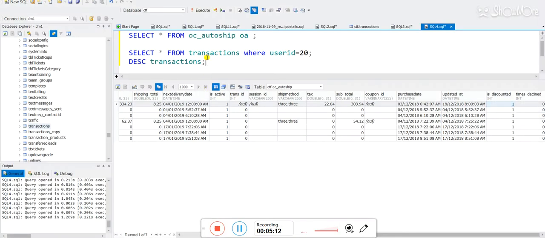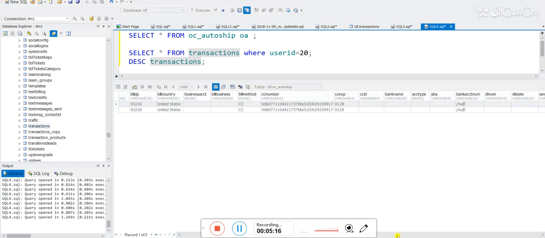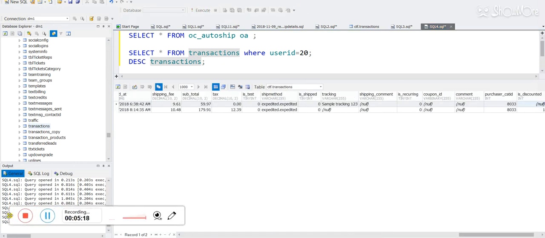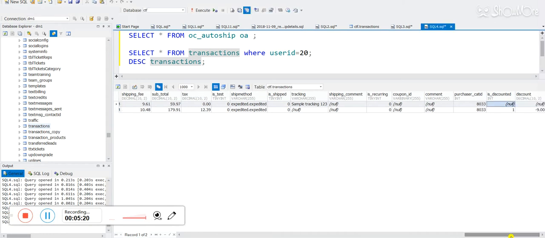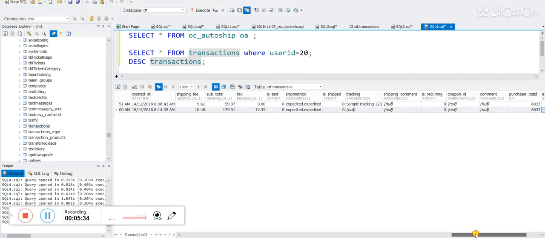And then let's check transactions. For the transactions table, if the user has been discounted, the columns is discounted and discount will be filled in. Discount is the amount discounted and is discounted is basically an indicator of a discount.